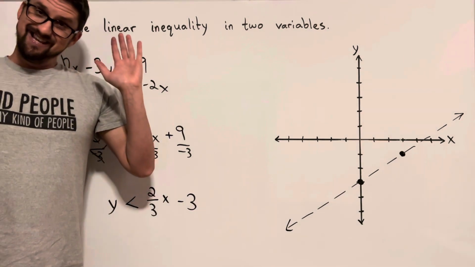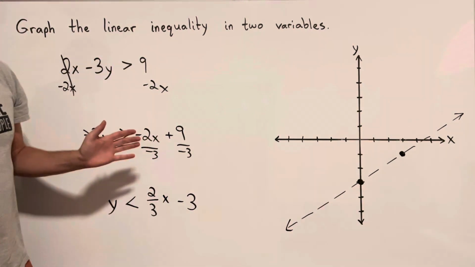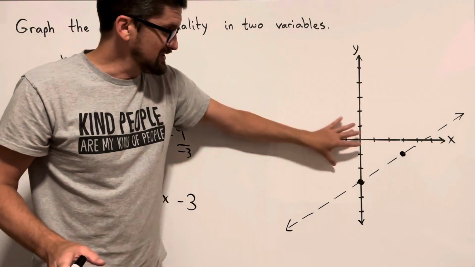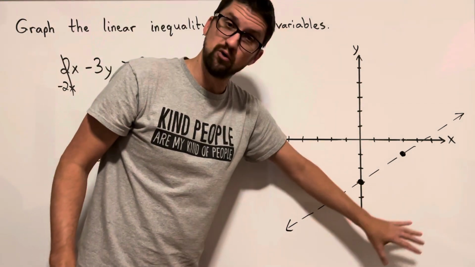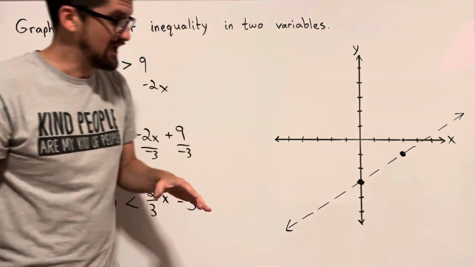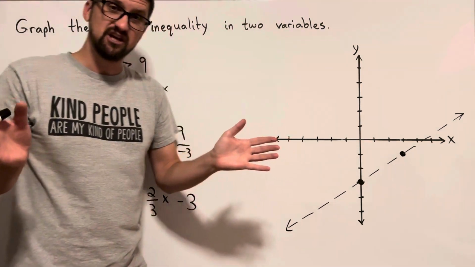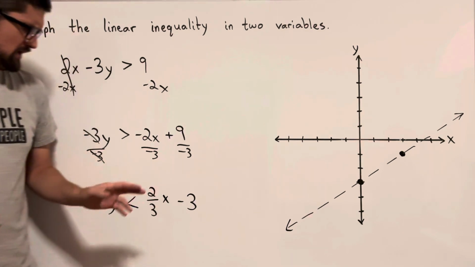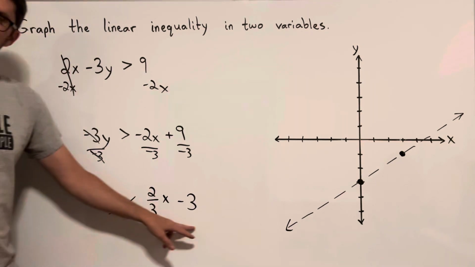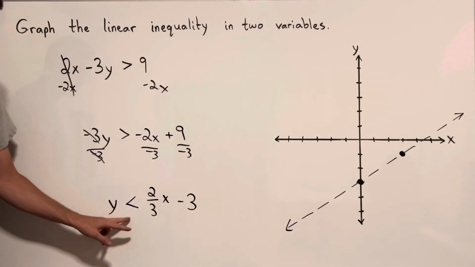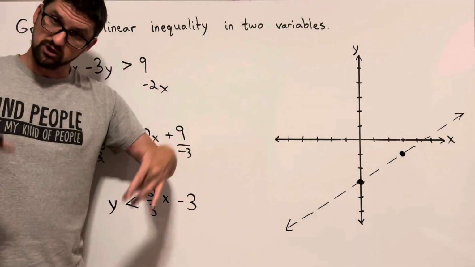Now the solution is going to be either all the points above the line or all the points below the line. What we're going to do is shade the solution. If it's solved for y, if it's in mx plus b form, all you have to do is look at the sign. If it's a less than, you shade below.